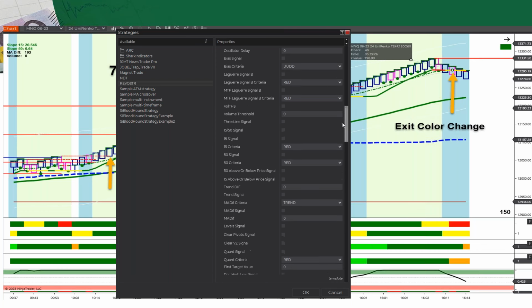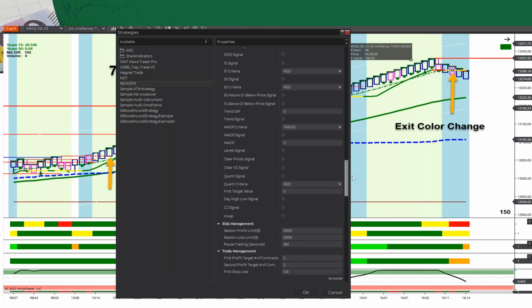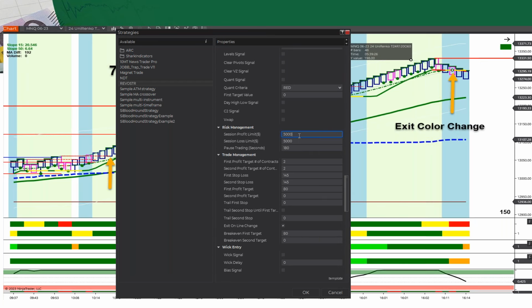It has built-in risk management. We have lots of people that signed up for the Money Flow Tracker software just for the Revolutions Auto Trader because they still work and they just want to be able to set it in the morning, and when they come home, they either made a profit or lost money, or maybe didn't even take a trade that day. So what I tell them to do is set your profit limit to 1,000, set your session loss to 500, which is basically 2 to 1.